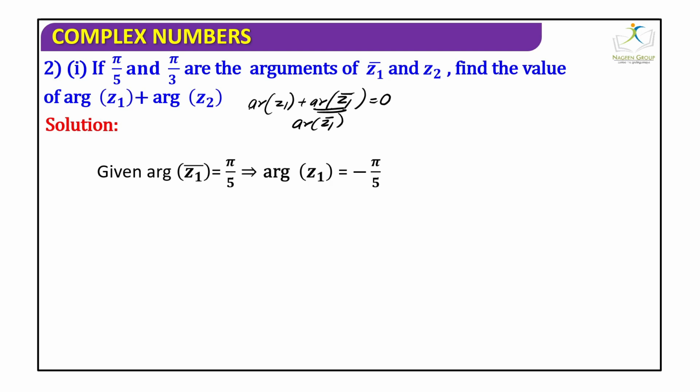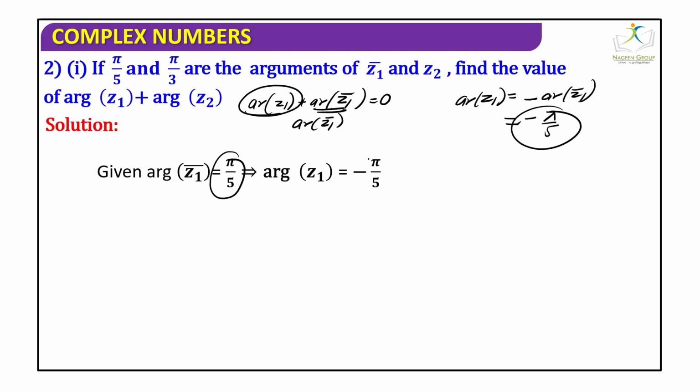So we can find out argument of z1. From here, argument of z1 will be equal to minus of argument of z1 bar. Are you getting it? And argument of z1 bar की value कितनी है? Pi by 5. So we put it here and this will be equal to minus pi by 5. So argument of z1 is equal to minus pi by 5, right?